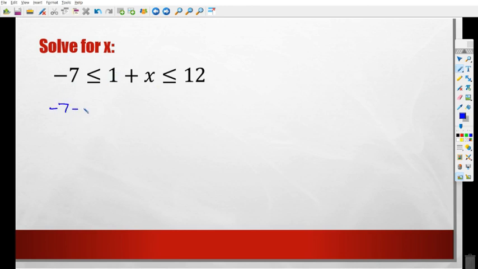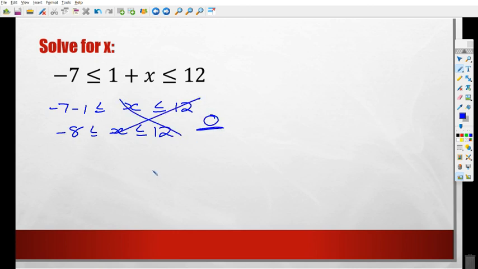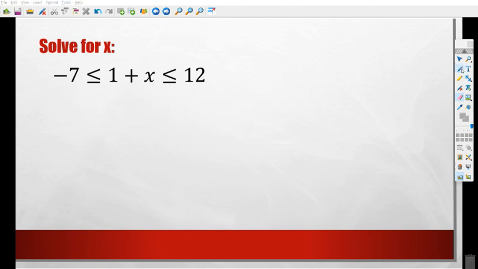I'm going to get negative 7 minus 1, that's x, and that's 12 there, and this is going to be negative 8x, and this is going to give you 0. Nothing. So please get rid of that logic of taking things across and changing signs. You need to understand what you are doing.